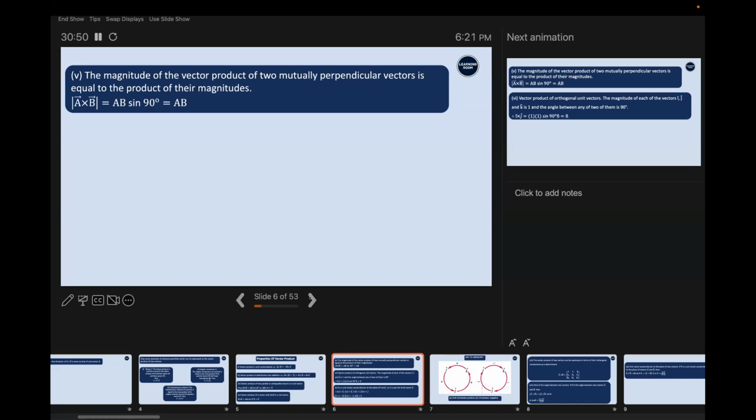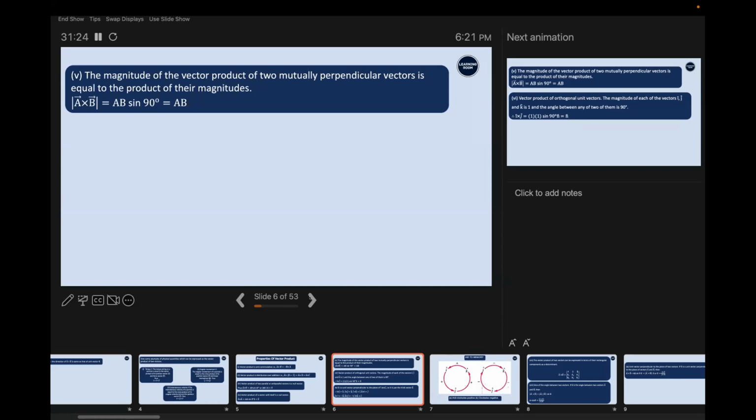But what are you actually trying to find? You're finding the magnitude of it. So magnitude of A is A only. Magnitude of B is B only. Sine 90 is 1. And what is the magnitude of n cap? That is also 1, because n cap is the unit vector, and the magnitude of a unit vector is 1. So that is why they are saying the magnitude of the vector product of two mutually perpendicular vectors is simply the product of the individual magnitudes.